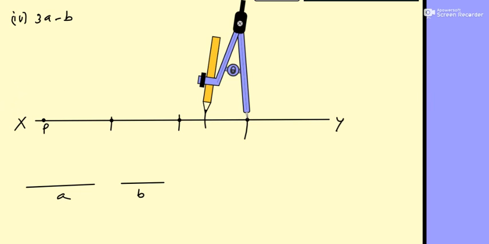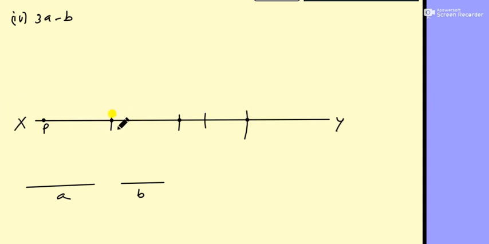Now remove the roundel and you can write P, Q, R, S, and this point is T. It is P, Q, and it is R, not this one.